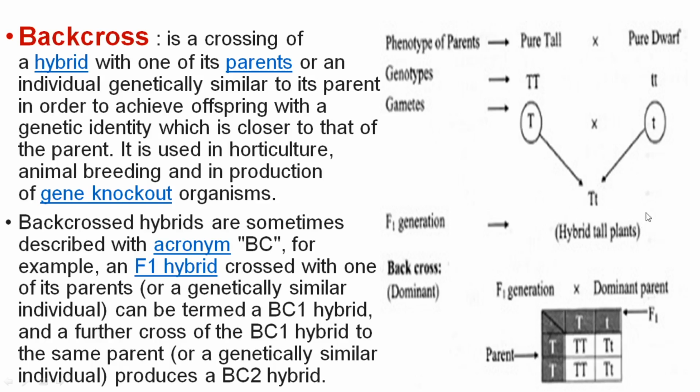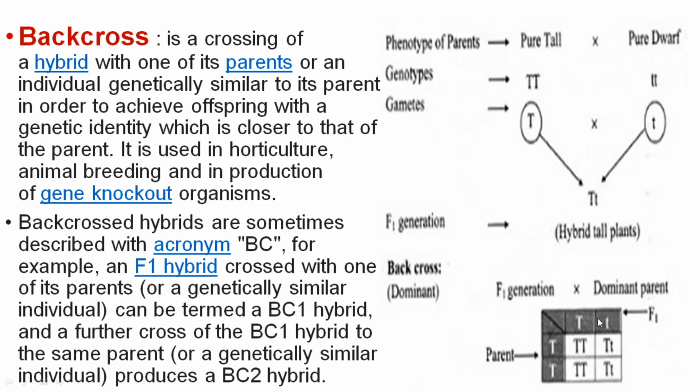But in this backcross method, this F1 hybrid is crossed with either of the parents, either the tall plant or the dwarf plant. Here in the checkerboard, this is the F1 hybrid, capital T, small t. We are crossing this with the homozygous tall plant. Homozygous means same alleles. Homo means same.